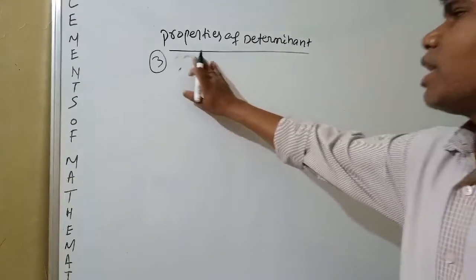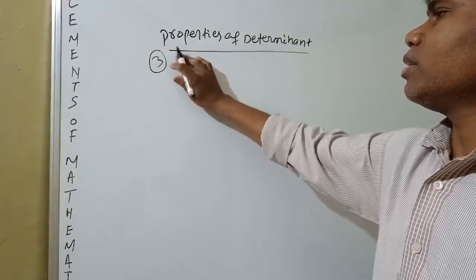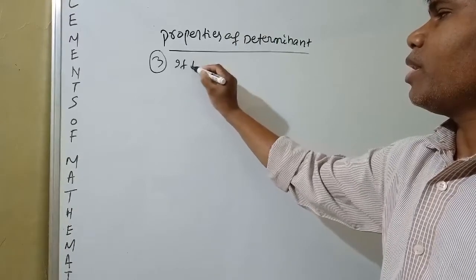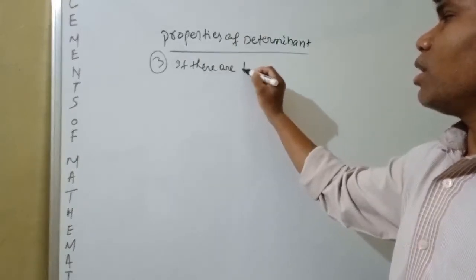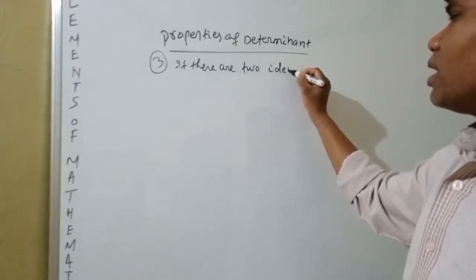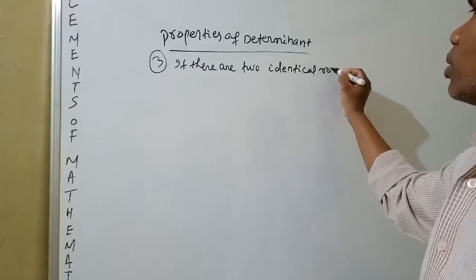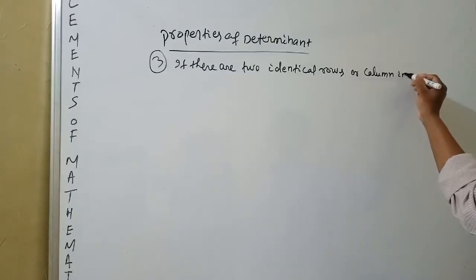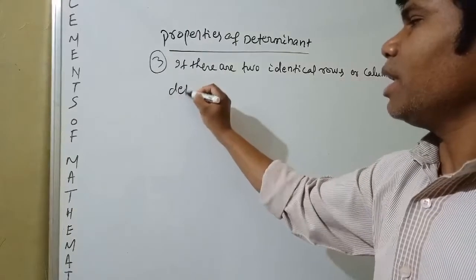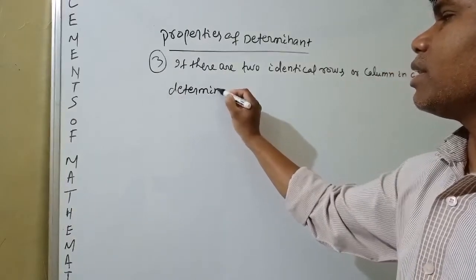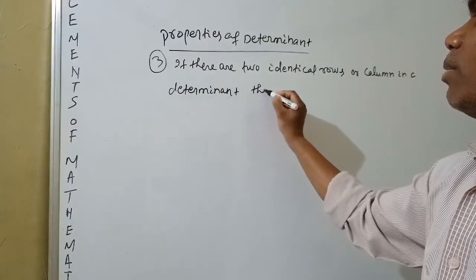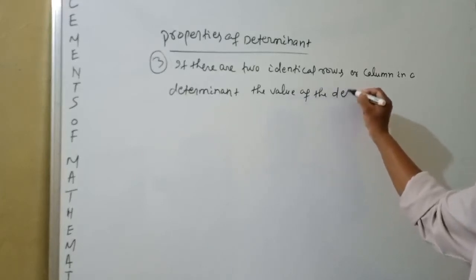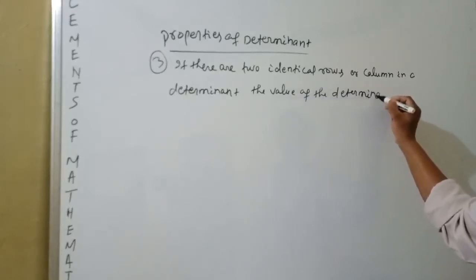Let us see the third property of determinant. If there are two identical rows or columns in a determinant, the value of the determinant is 0.